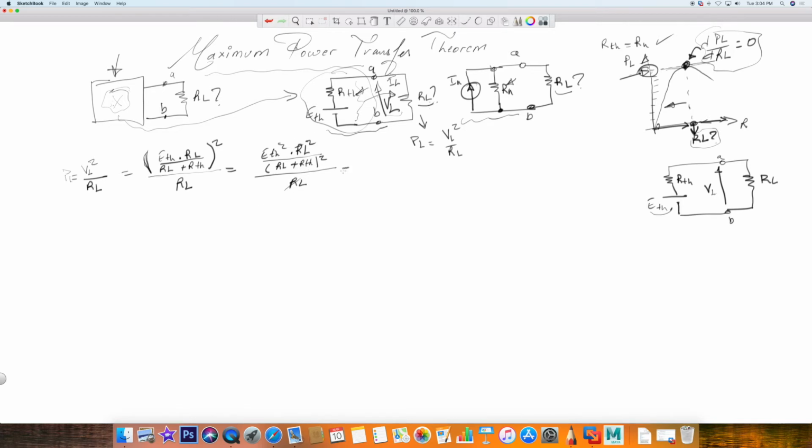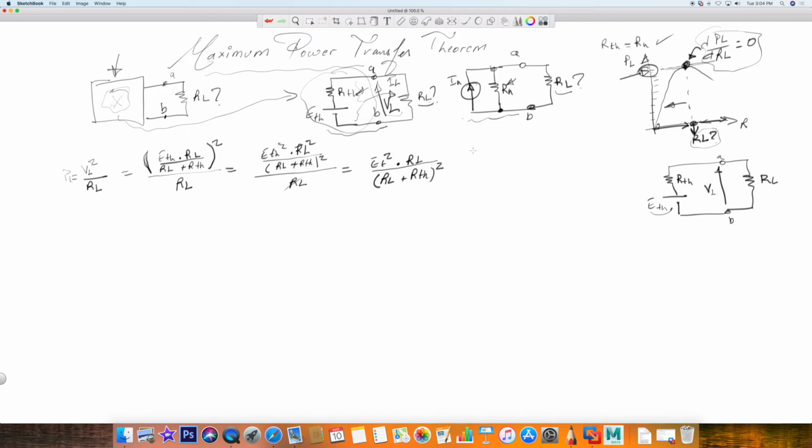So what does that give us? ETH squared times RL divided by RL plus RTH squared. Let me clean up right here, so we can clearly see the equation.